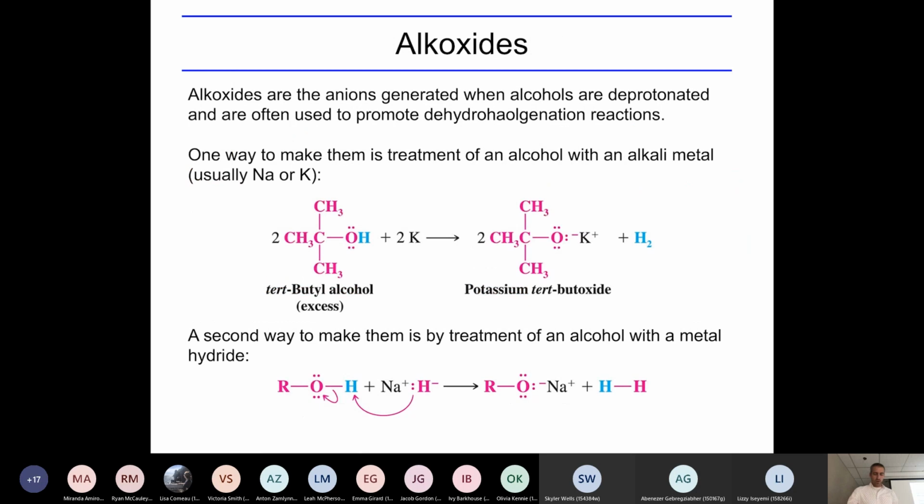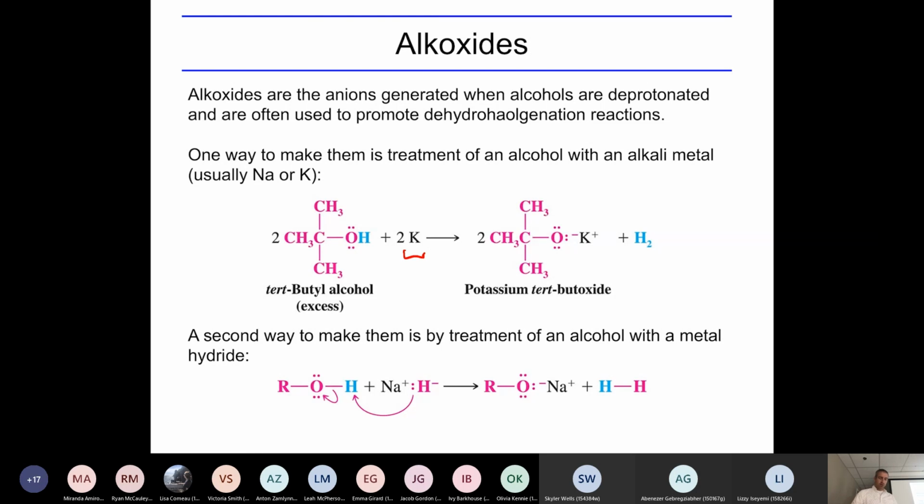These alkoxides, what you can do is take your alcohol and put in a little piece of sodium metal, or in this example, you can put potassium metal in there. Hydrogen will start to bubble. The metal will start to dissolve away, and you can make these alkoxides, which are great for doing these elimination reactions.